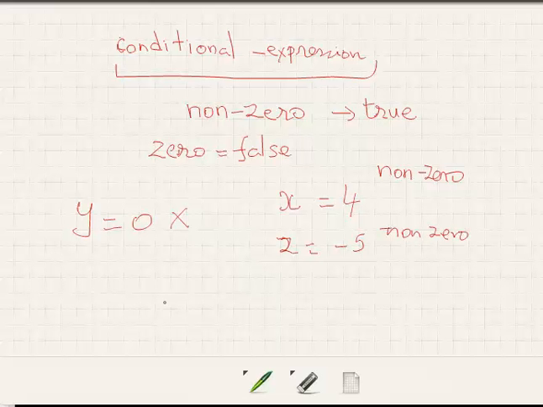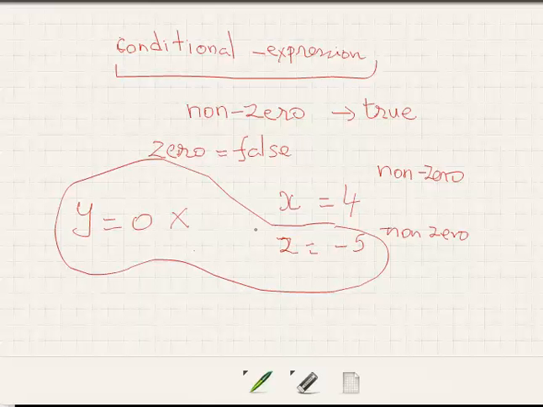So this is the distinction that you have to keep in mind when you evaluate a conditional expression. A lot of students think anything that is less than 0 or anything that is negative will not be true. A lot of people think that, but it's not the case. Only if it is non-zero, the statement will execute. That's something you have to remember.